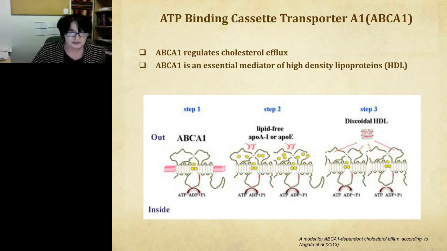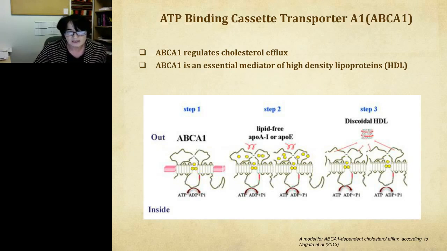ABCA1 is an essential mediator for the formation of high-density lipoproteins, and when functional ABCA1 is missing, the level of HDL is almost zero. There are additional consequences of ABCA1 deficiency because non-lipidated apolipoproteins A1 or E are usually unstable and degrade fast.